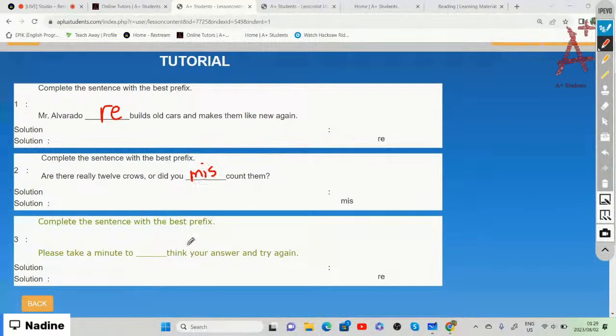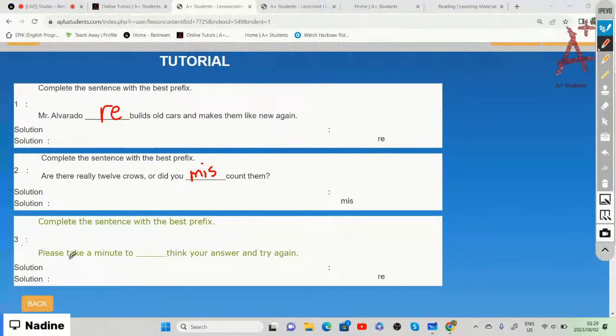It's almost like making a kind of mistake, or just misreading it. You read it wrong or counted wrong or something. So in this case, are there really 12 crows? Or they're asking, did you count wrong? Did you miscount them?